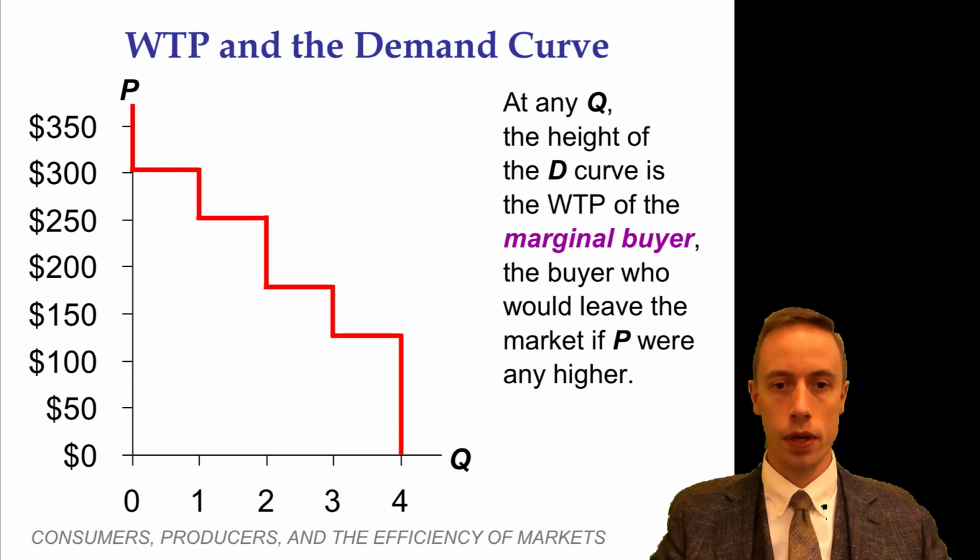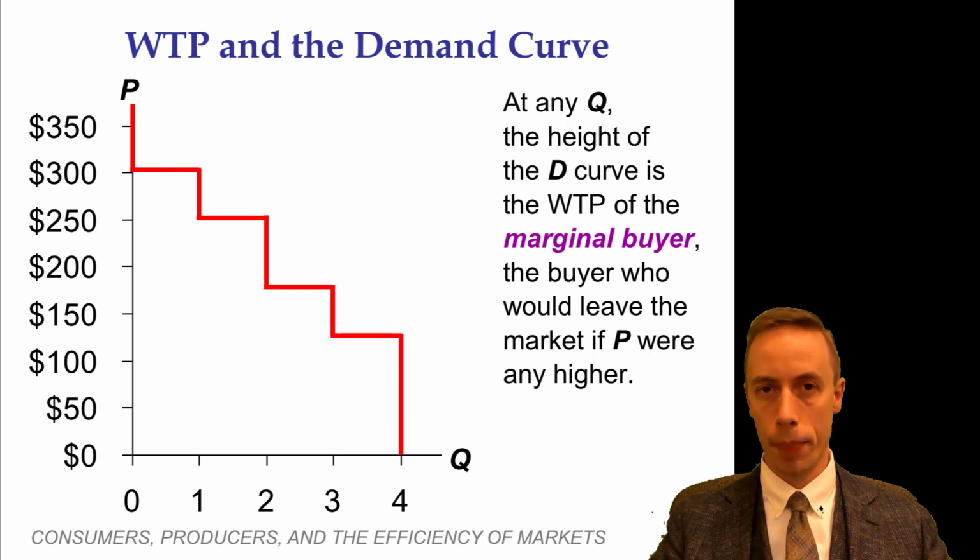For example, at a price of $200, we have 2 buyers, Anthony and Flea. But we'd only refer to one of them as the marginal buyer. At the $200 mark, that would be Anthony, because when the price rises, he'd be the first one to stop buying. So let's go ahead and think about how to identify the willingness to pay of each buyer.